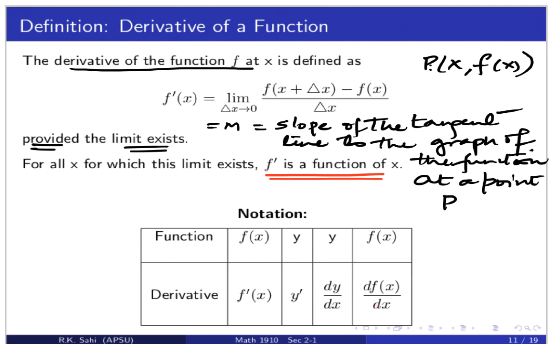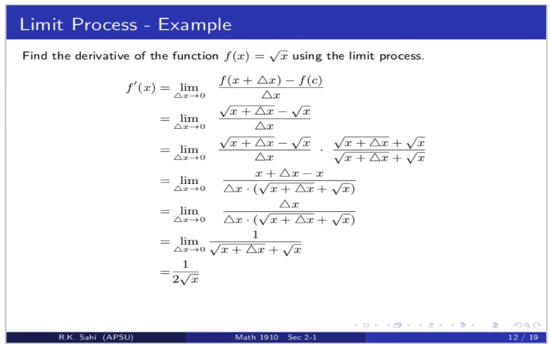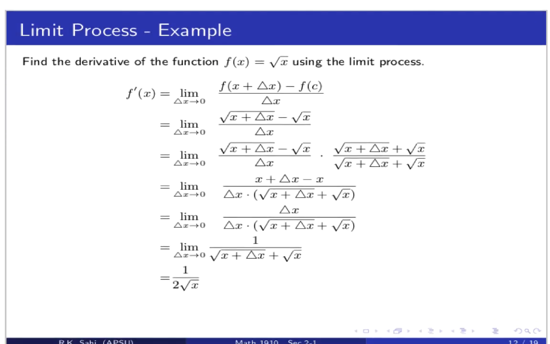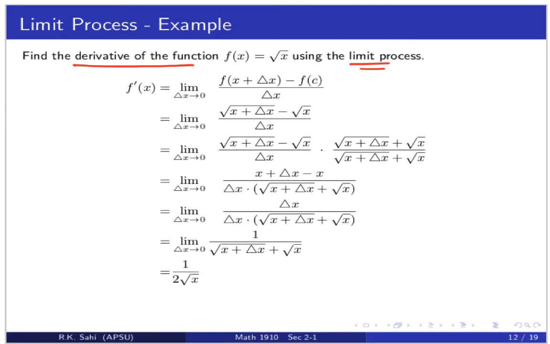Now, let's do an example. Here the question says find the derivative of this function using the limit process. Basically applying the definition. Okay, so if I say find the derivative of a function using the limit process, that's how we will be doing it.